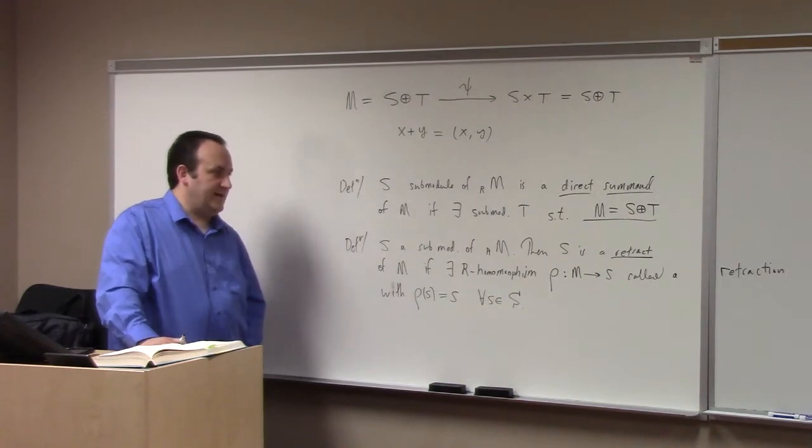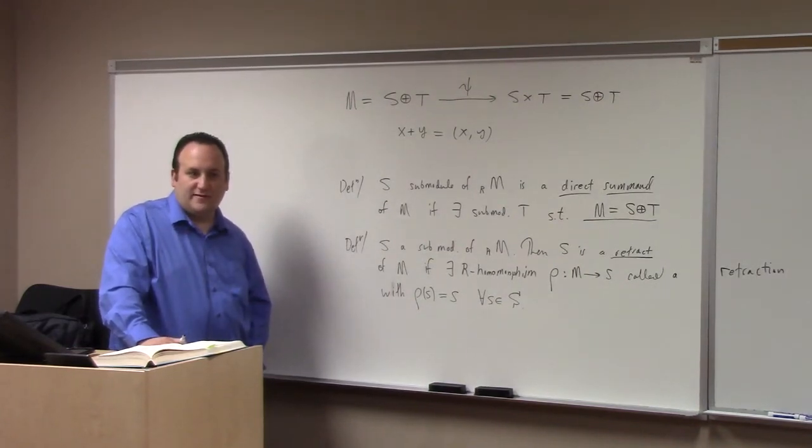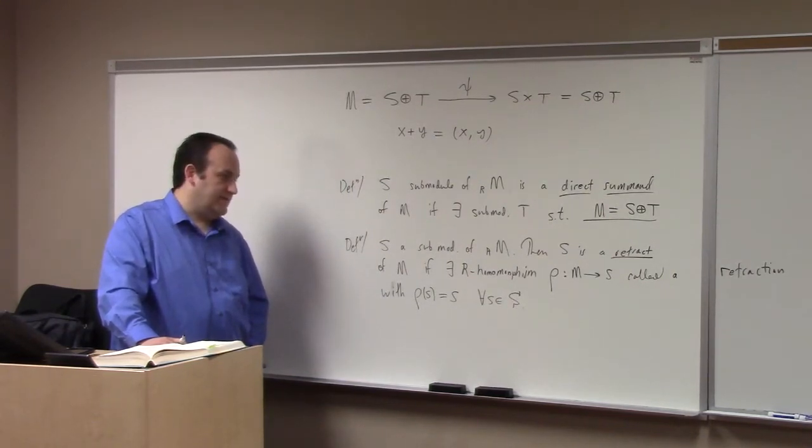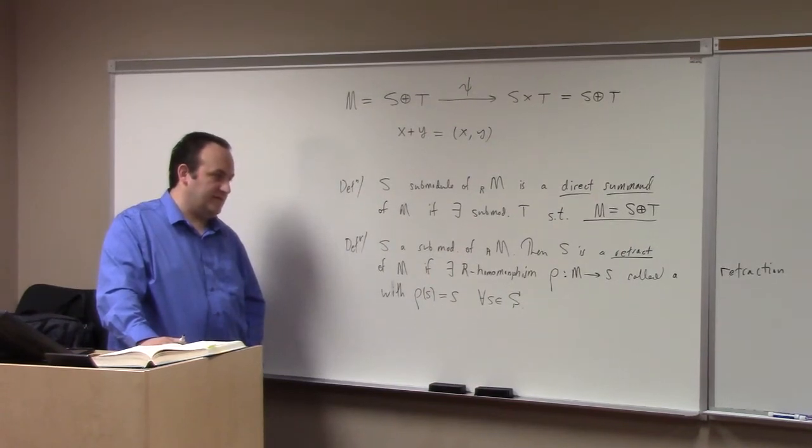S is a direct summand if there's some complementary submodule which forms the direct sum. So that doesn't always happen? No. A submodule S is a submodule of a left module M.